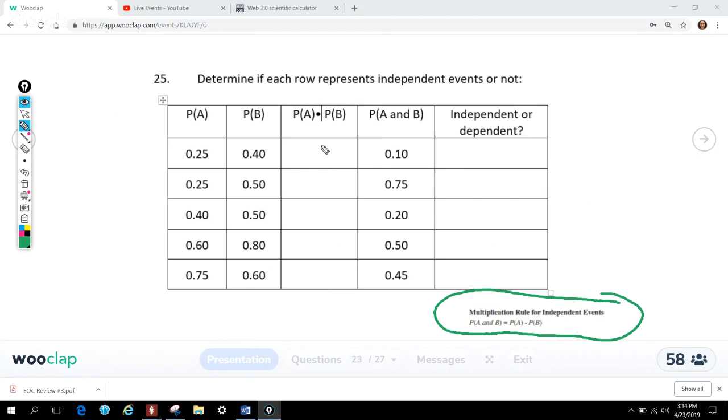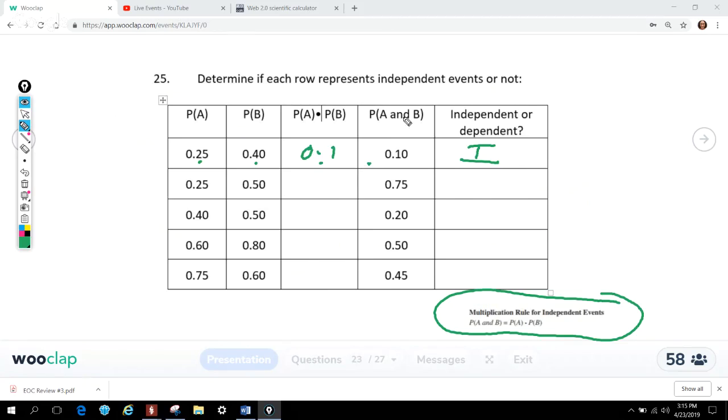Okay, so what the formula says is, if you multiply 0.25 times 0.4, that gives us 0.1. If this number and this number are the same, then it's independent, which means one thing does not impact the other thing.